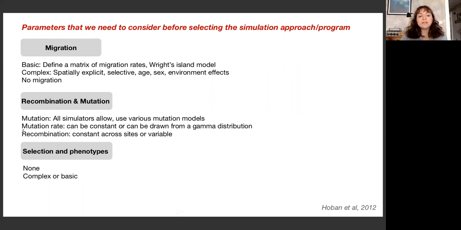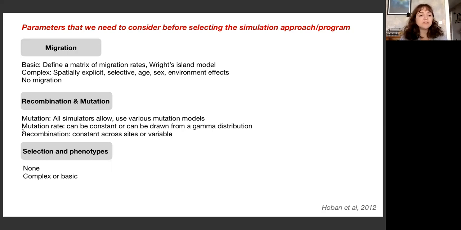Another parameter that we need to consider is migration. In the basic scenario, you can define a matrix of migration rates. For example, in an island model, there is migration from one island to another, or there can be a complex migration pattern that is spatially explicit, where migration can be affected by environmental effects.